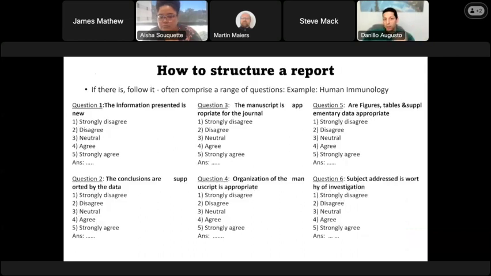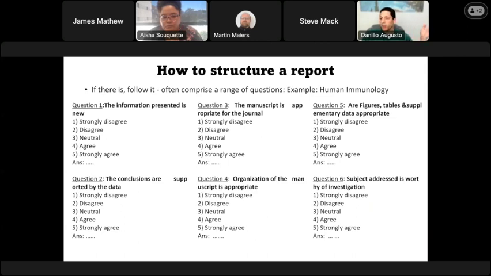In terms of how to structure a report, this is an example for Human Immunology. Those questions are asked of all reviewers, and they are asked to give a score from 1 to 5 for several questions. So, is the information presented new? Is this appropriate for the journal?